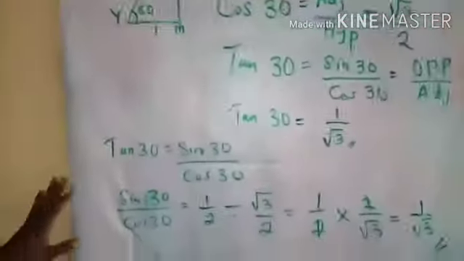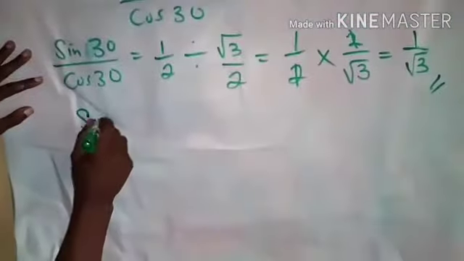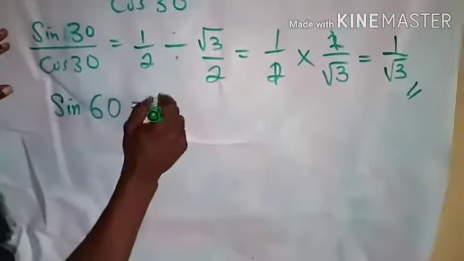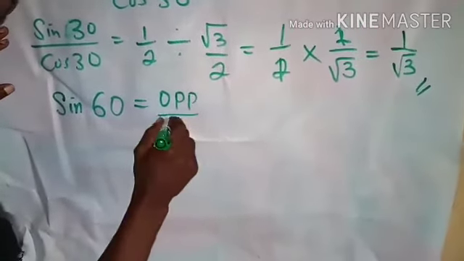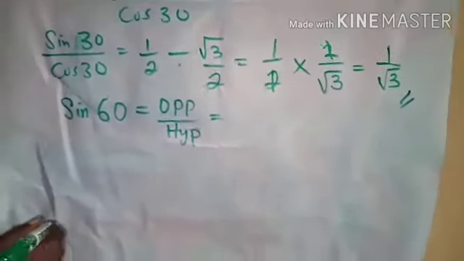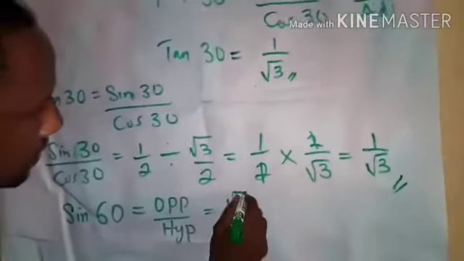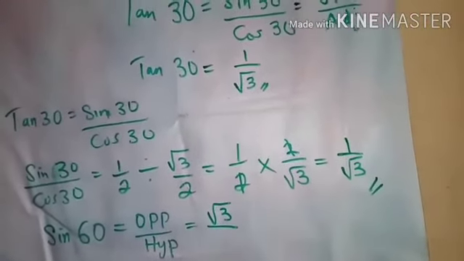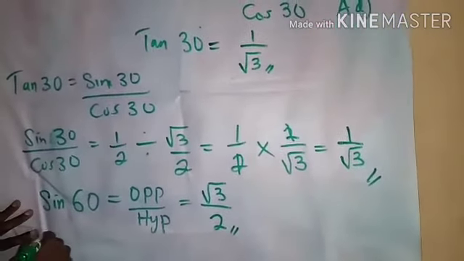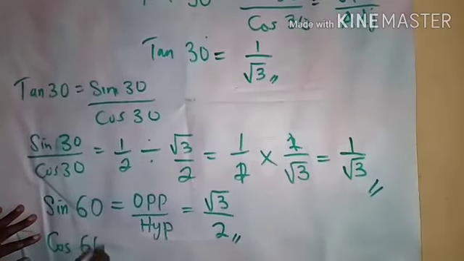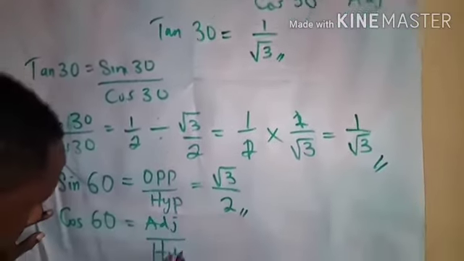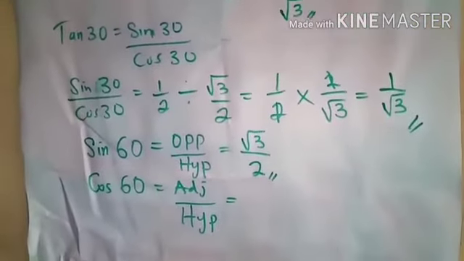Then let's quickly derive our sin 60, which is opposite over hypotenuse. From here, we're using this 60. Opposite is √3 over hypotenuse. What's the hypotenuse? 2. Then cos 60, which is adjacent over hypotenuse. What's our adjacent?